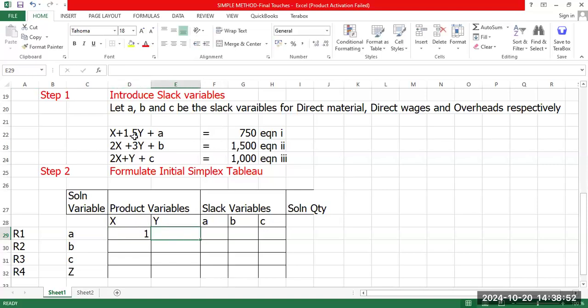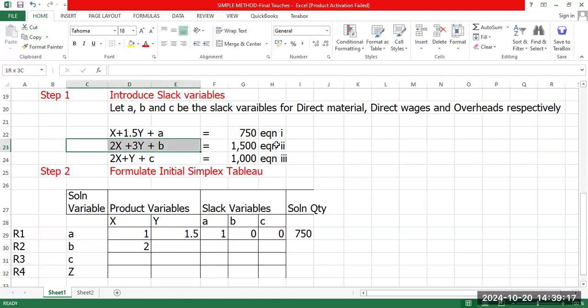Then here, where the value is, here you don't have B, you don't have C. Then you have 750. Row 2, you have 2 here.